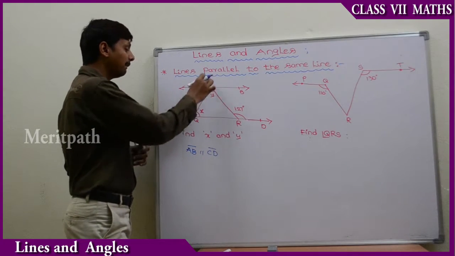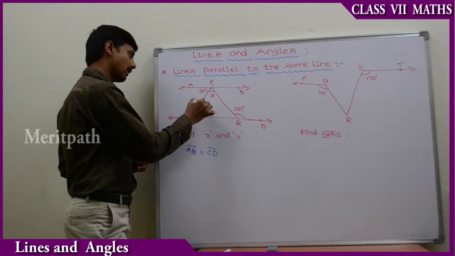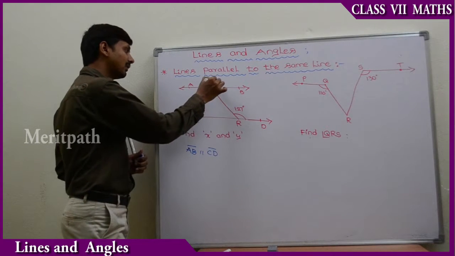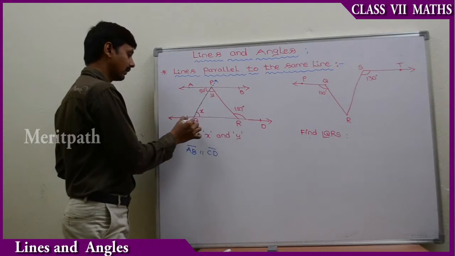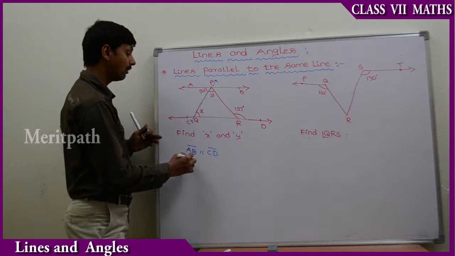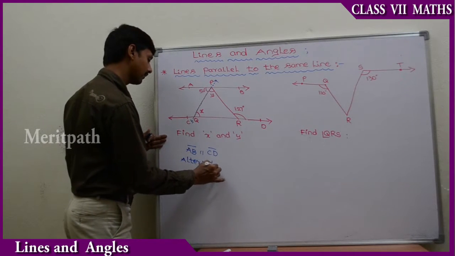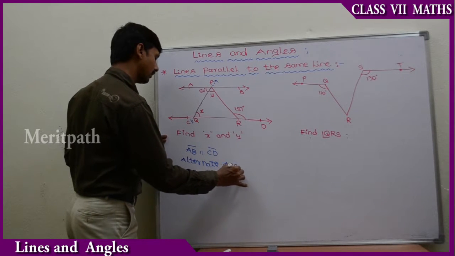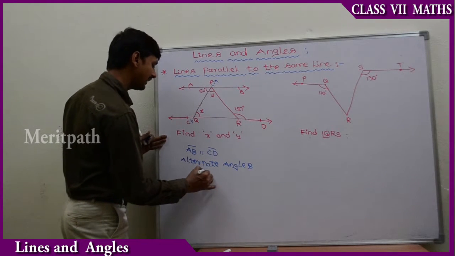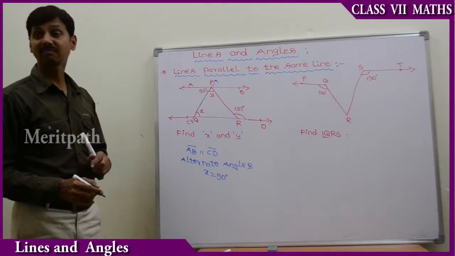If we consider PQ as a transversal, then alternate angles are equal, and 50 degrees and X are alternate angles. So X is equal to 50 degrees.